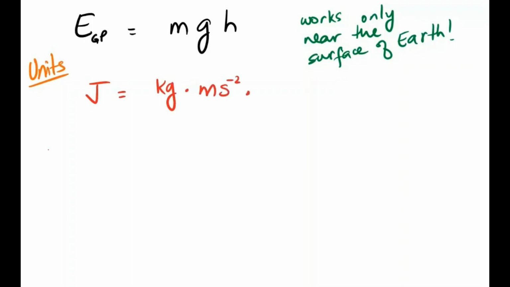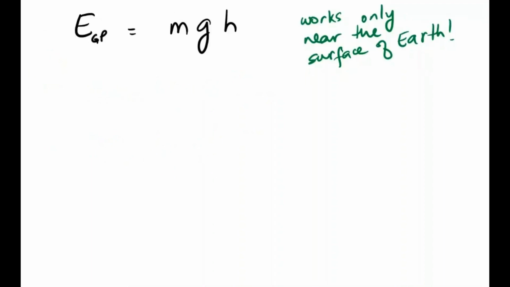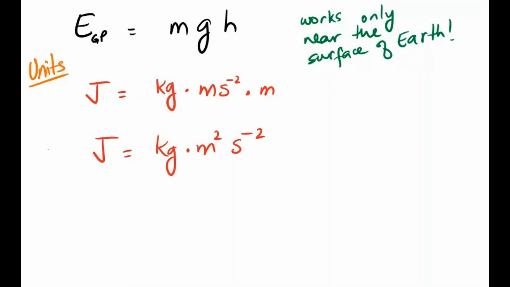Energy is measured in joules, mass in kilograms, acceleration in meters per second squared, and the height in meters. It's the same units we got for kinetic energy. So joules is always equal to the SI units, kilograms meters squared per second squared.